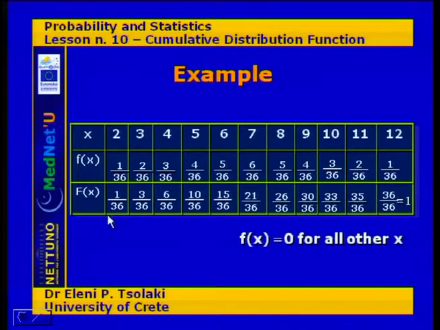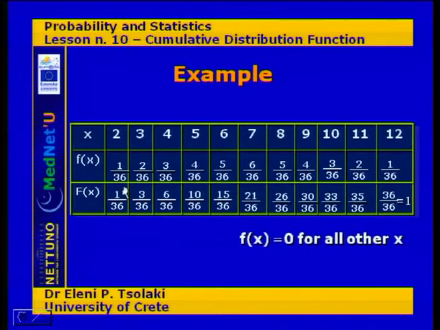We know that before 2, the cumulative distribution function will be 0, as f of x will be 0 up to 2. So no matter how many zeros we add up, the cumulative distribution function will be 0.